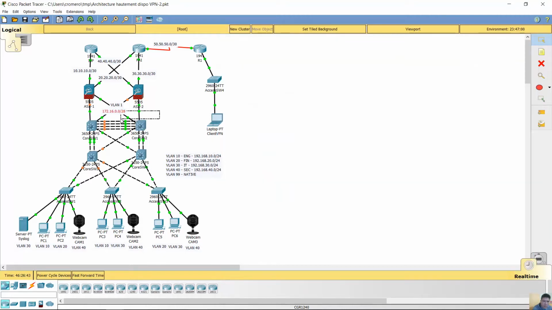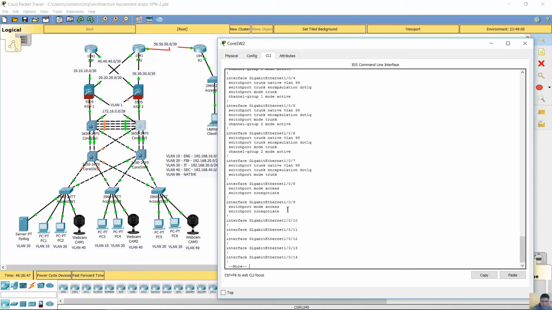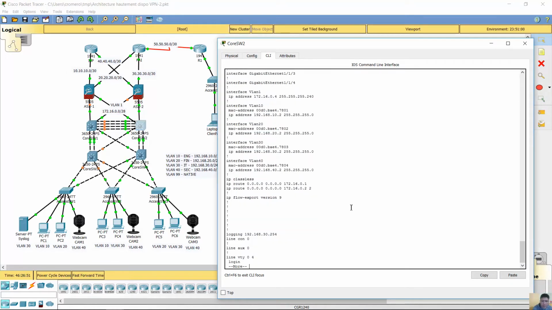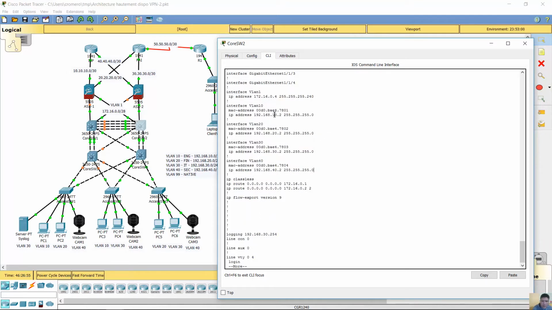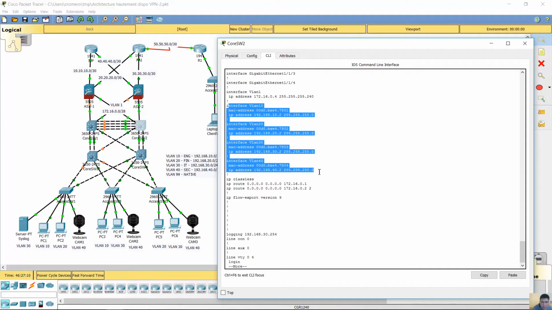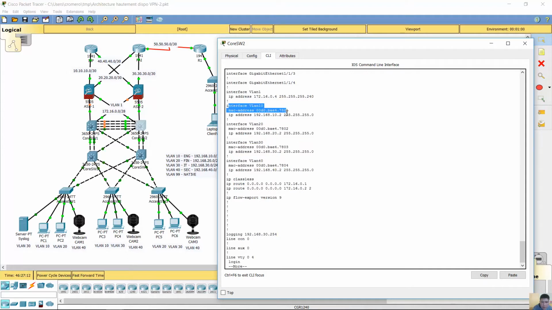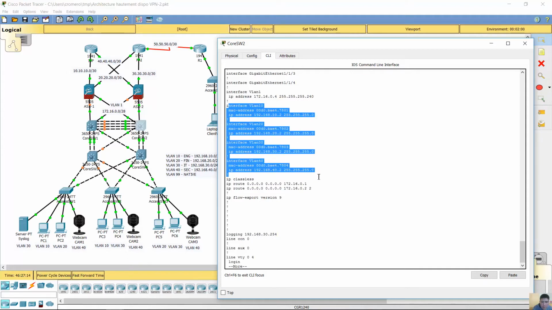These two ports connecting to ASA are access ports 8 and 9. And these are the VLANs, and I will configure the HSRP here.